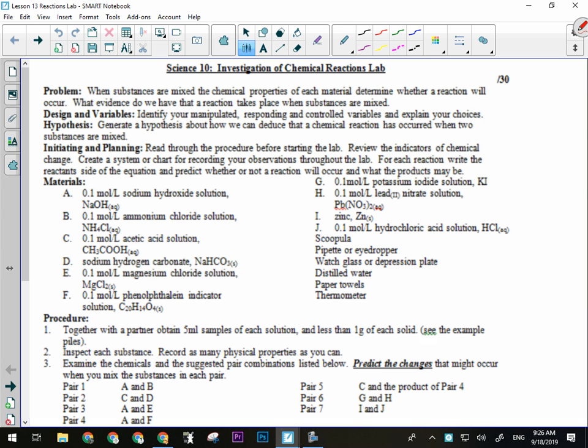And for each controlled variable, the explanation needs to be how is it being controlled? What effect would it have if you didn't control it? Okay, so for each controlled variable. Three controlled variables, yeah. Same thing for your properties of compounds lab.